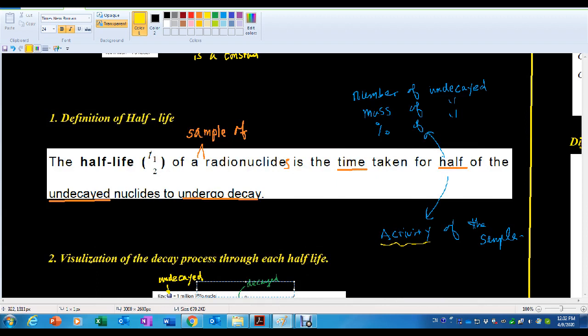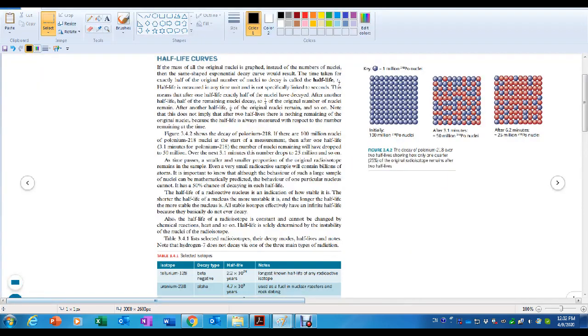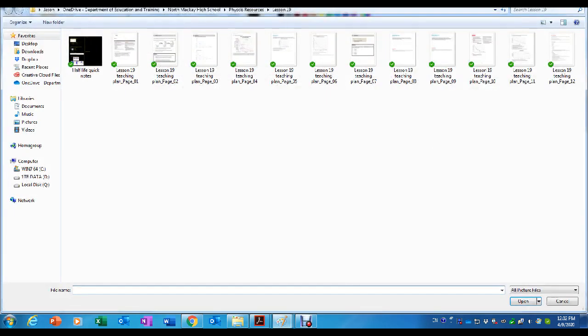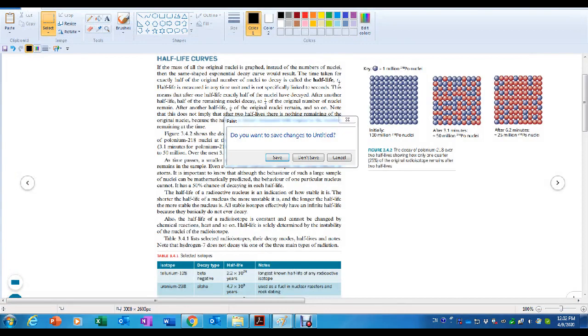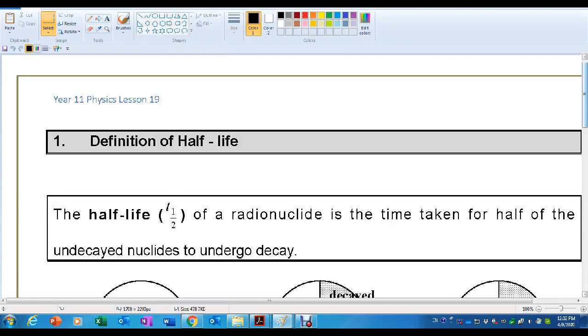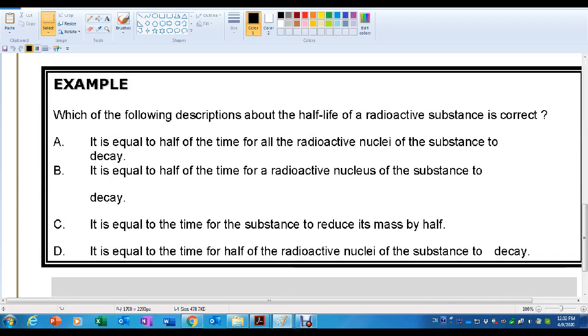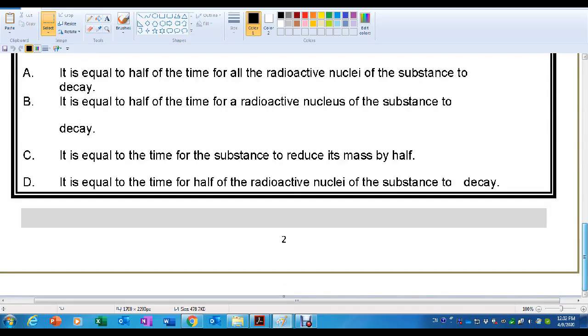So remember the definition of the half-life: the time taken for half of the nuclei to undergo decay, right? Let's see the notes, on page 2.